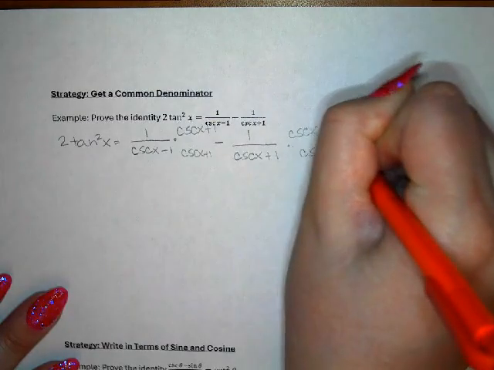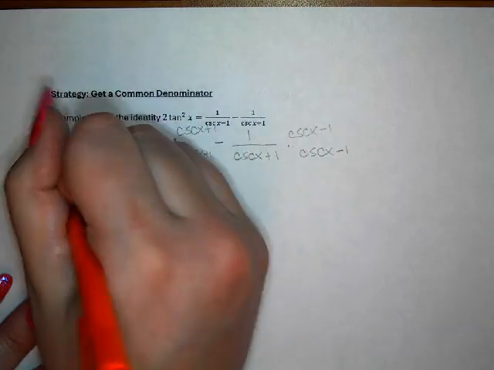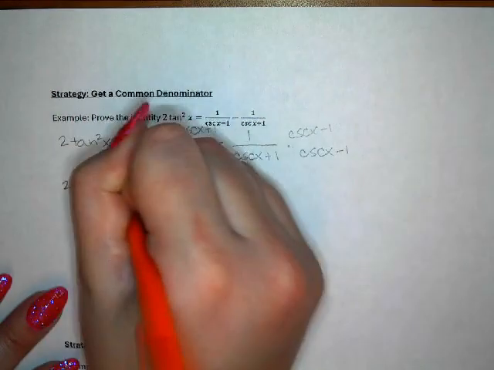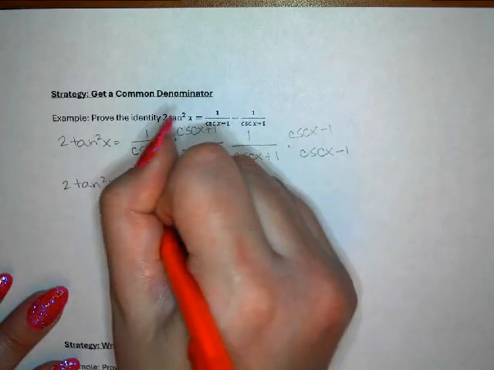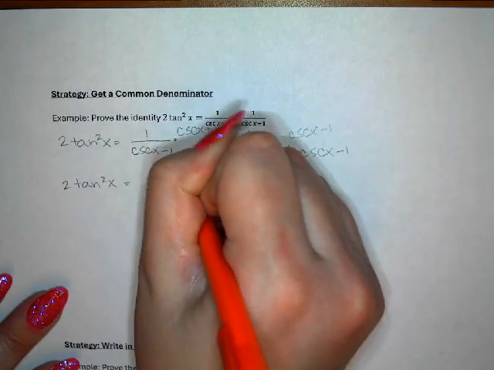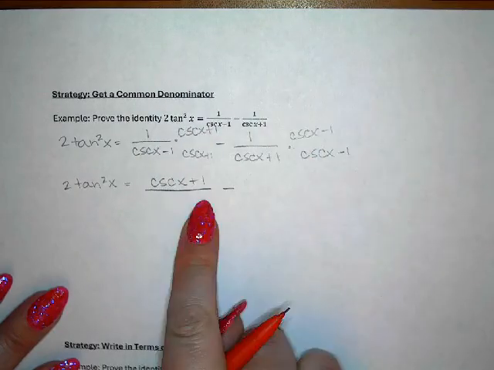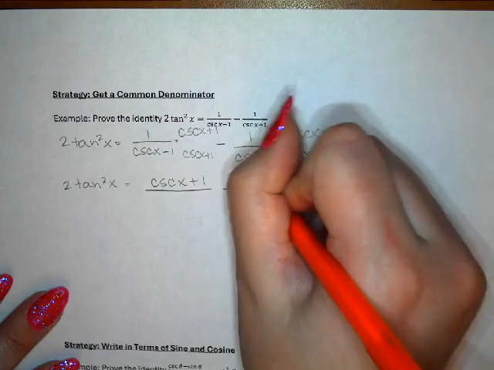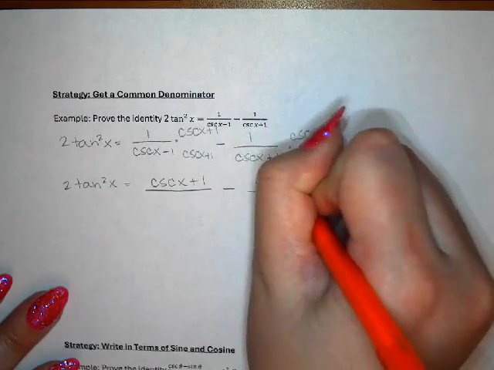Okay, so the left side stays the same. My first fraction is cosecant x plus 1 over whatever the denominator happens to be. My second fraction is going to be cosecant x minus 1 over whatever the denominator happens to be.